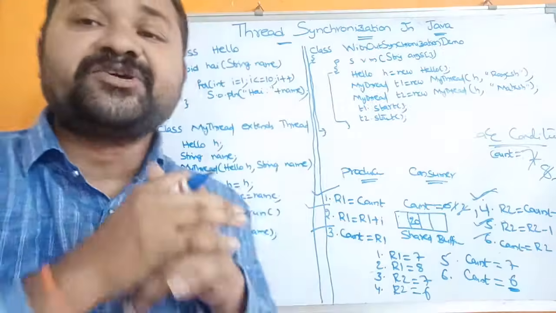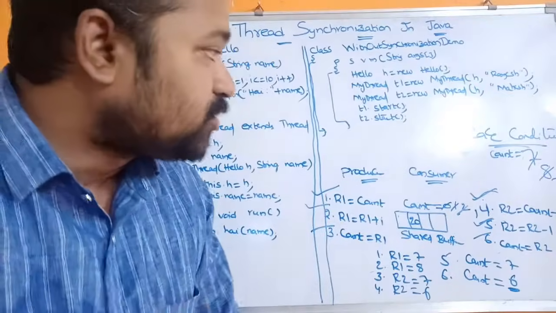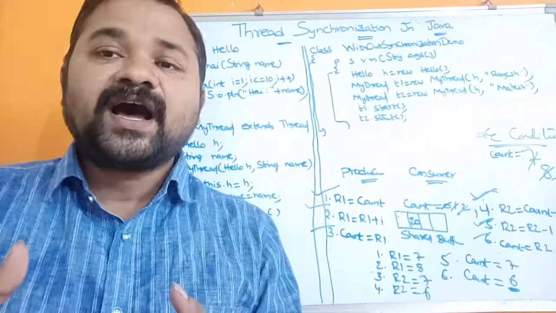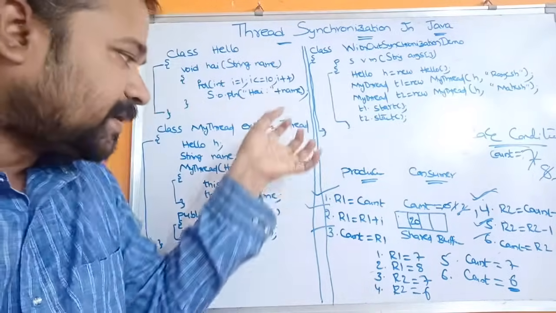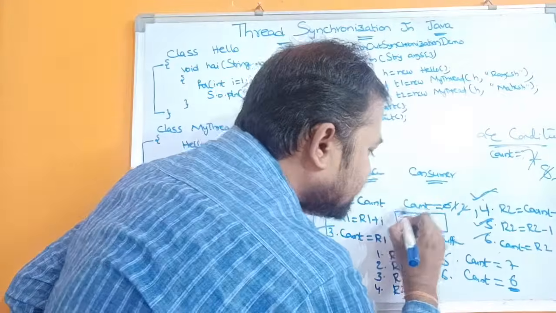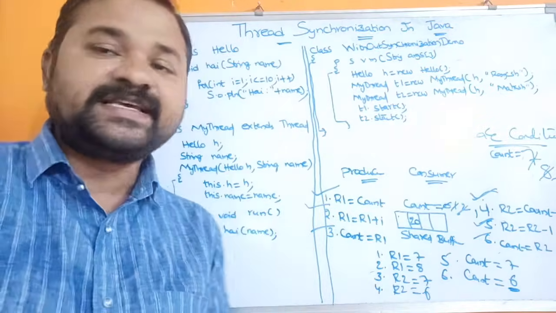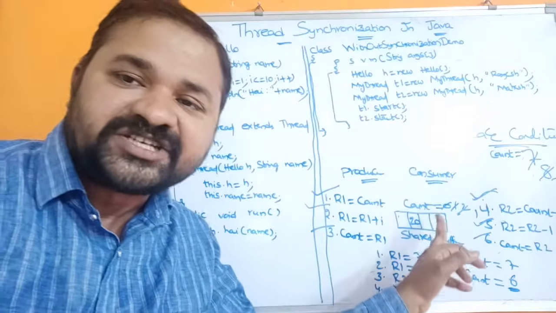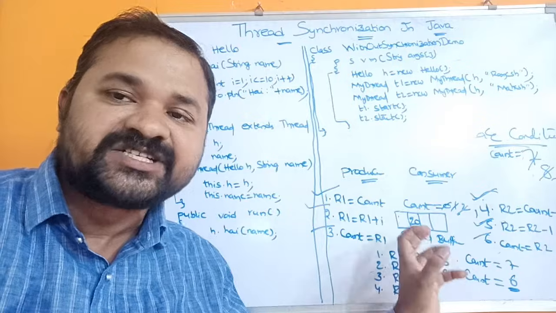So in order to solve this problem, we use thread synchronization. Thread synchronization is mainly useful in order to solve race condition or data inconsistency problems. So why did we get this problem here? Here multiple threads are accessing the same shared variable. When one thread is accessing the shared data, we should not allow another thread to access that shared data.